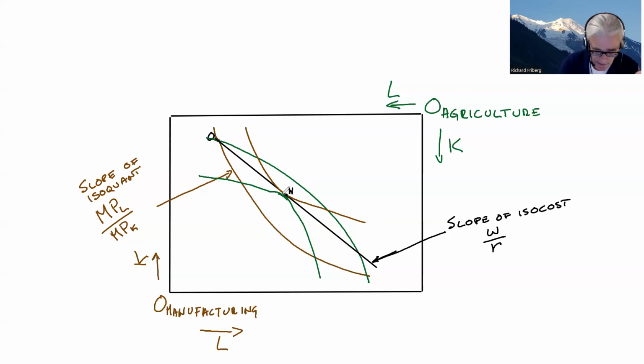And in a nutshell, the marginal product of labor was high relative to capital in manufacturing, whereas the wage was not that high relative to the rental rate of capital. Thus, it made sense for manufacturing firms to use more labor and less capital. Okay, so this says something about how resources are allocated in well-functioning input markets.